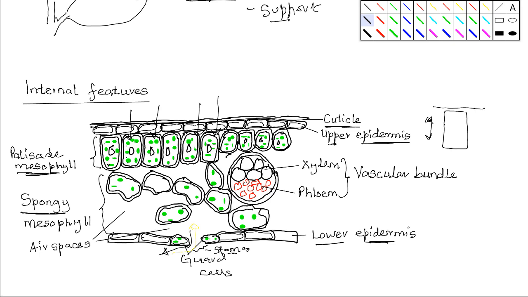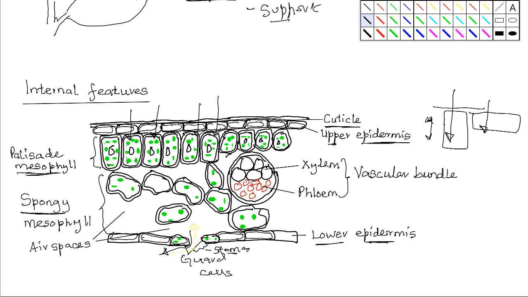In some plants, the palisade mesophyll consists of several layers of cells in order to enhance light absorption, especially in plants that grow in areas that have minimum or very little light, like on the floor of forests or underwater. Such plants will have several layers of palisade mesophyll in order to enhance absorption of light.